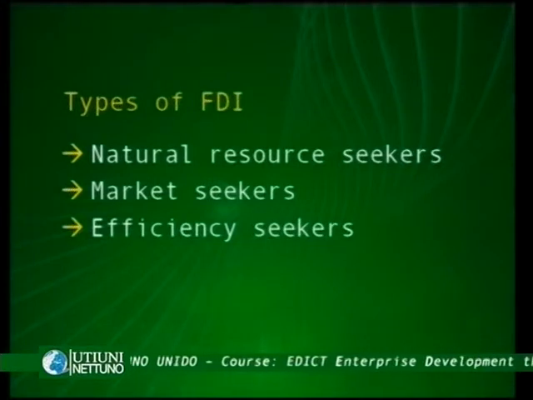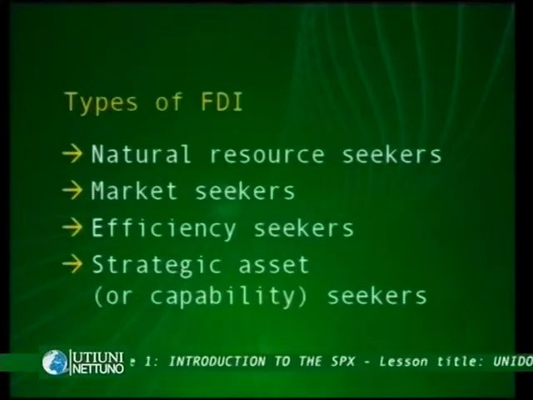Efficiency seekers. These would be investors that are looking to invest in a venue where they can reduce their cost of production and thereby export their goods globally from a new export platform in a new country. And lastly, what we call accessing strategic assets.